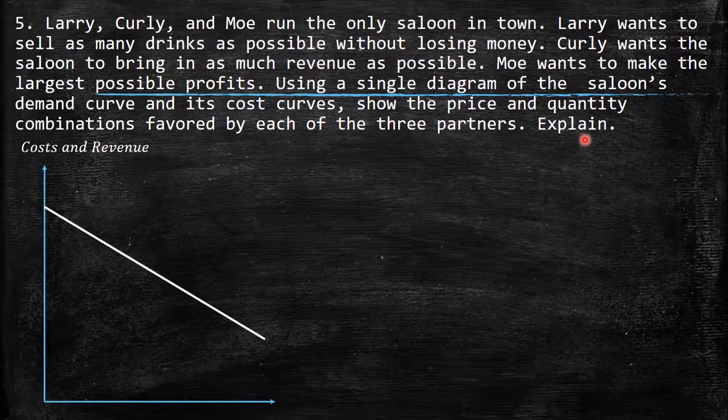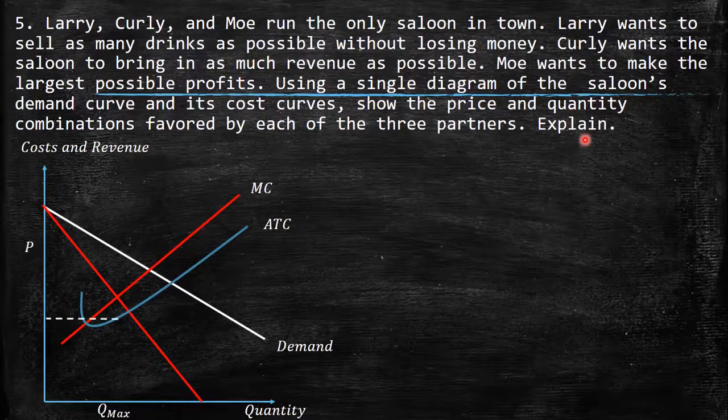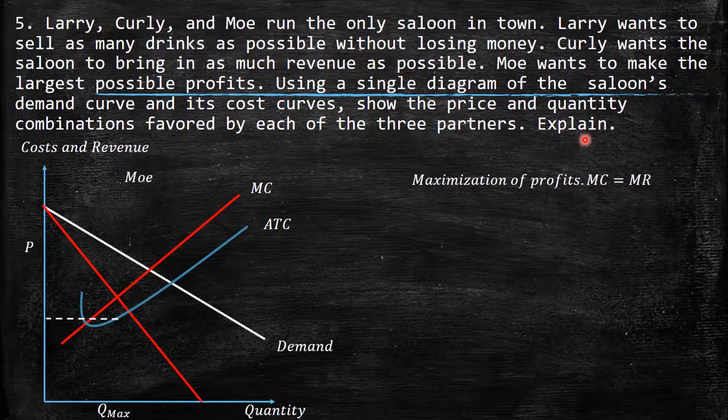Then the last one is going to be Moe. Definitely this one, he wants to make the largest possible profit, which is exactly the situation of a monopolist, where the marginal revenue is exactly equal to the marginal cost, and it's going to be exactly this point, okay?